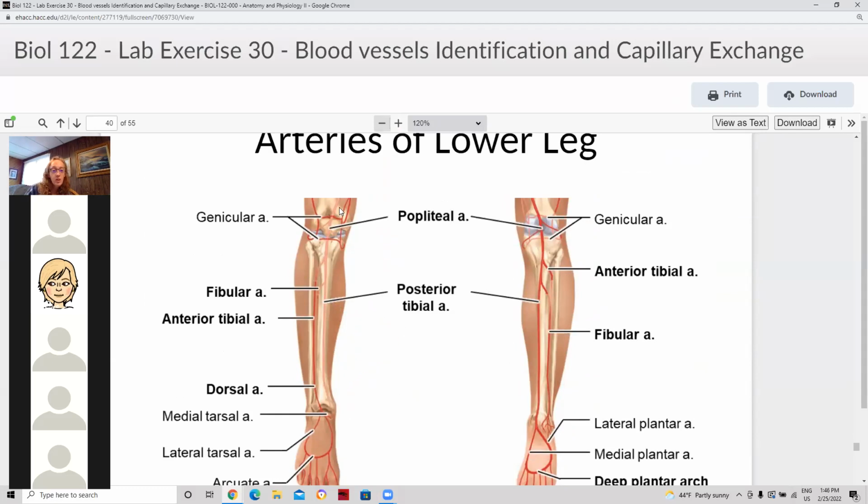A little further, the femoral artery goes behind the knee, becomes a popliteal artery. The popliteal artery divides to become the anterior tibial artery coming out into the front and the posterior tibial artery. The posterior tibial artery is going to branch off into the fibular artery.